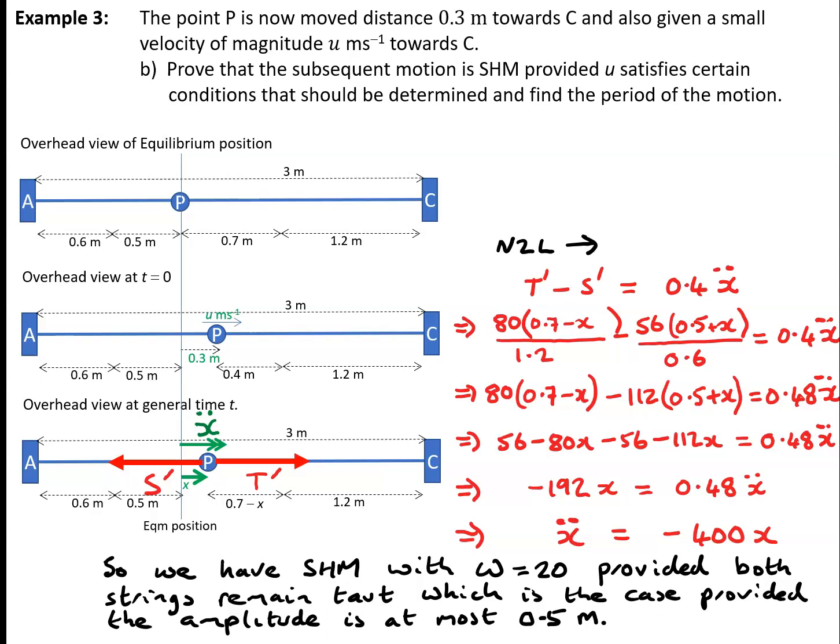So we're going to have SHM with omega equals 20, provided both of the strings remain taut. Now that is going to be the case provided the amplitude of the motion is less than 0.5 meters.